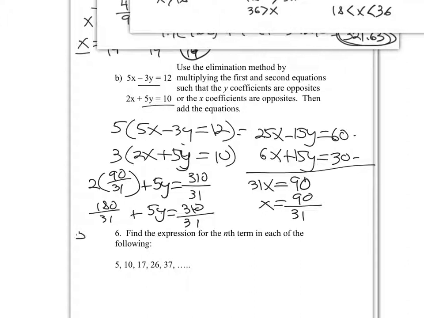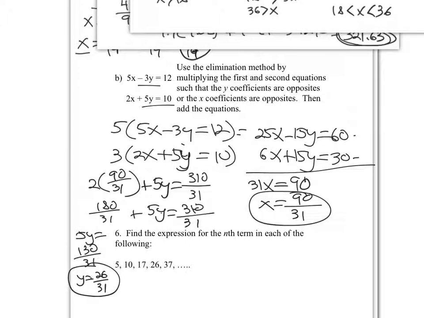So 5y is equal to 130 over 31, which means that y itself is equal to 26 over 31. So now we have our two values, 90 over 31 for x, 26 over 31 for y.